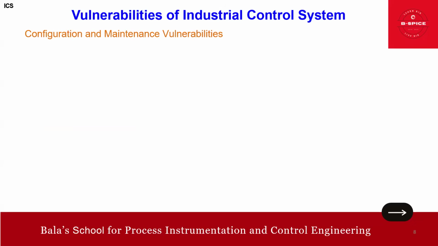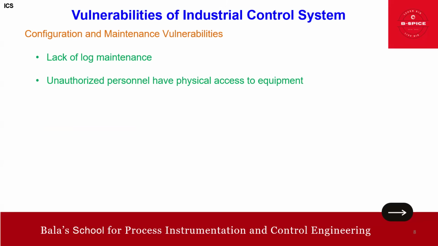Then a few more to add in this configuration: lack of log maintenance. In the absence of accurate logs, pinpointing the cause of a security incident can become a challenging task, right? Another one is unauthorized personnel having physical access to equipment. Limited physical access to ICS should be exclusively granted to essential personnel, while considering safety prerequisites such as emergency shutdown or restart.